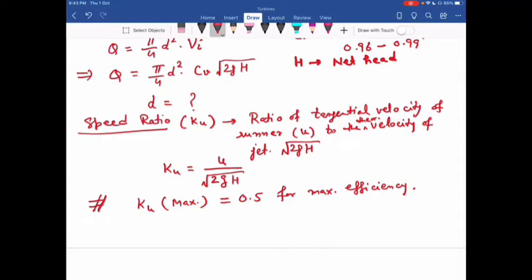However, if we consider the nozzle friction, that means if we consider the value of Cv, this value of Ku is less than 0.5. So if we consider the friction of the nozzle, then the value of Ku is in the range of 0.46 to 0.48. So this is the speed ratio.